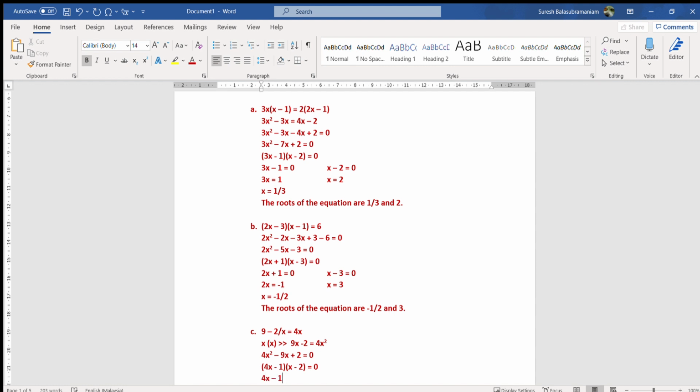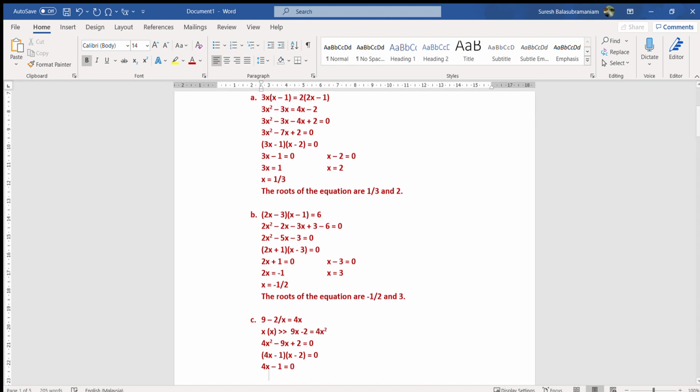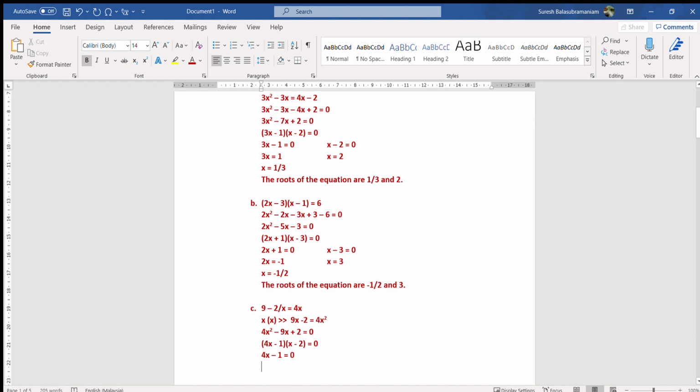Now assume that the term from the first bracket is 0, so 4x - 1 = 0, 4x = 1, x = 1/4. Done for the first root. Now the second bracket: x - 2 = 0, x = 2.